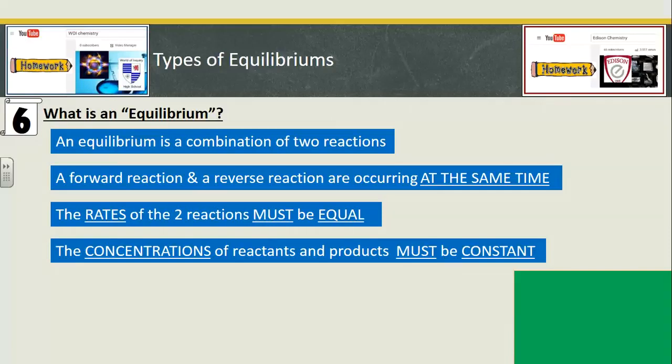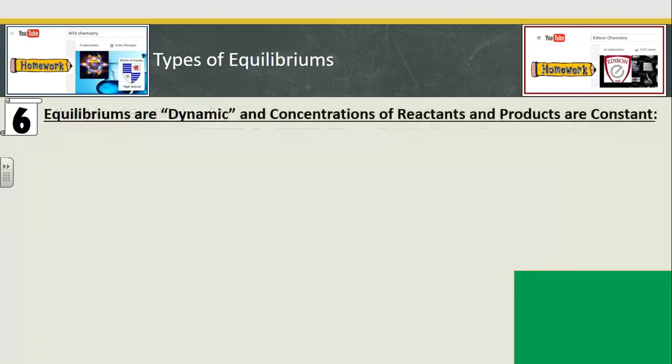Okay, so the overall concentration must be constant. Same number of students in each classroom, but anytime one leaves classroom A to go to classroom B, one leaves classroom B to go back to classroom A. So the overall homeostasis, if you want to call it, is constant. Equilibriums are dynamic, and the concentrations of products and reactants are constant.